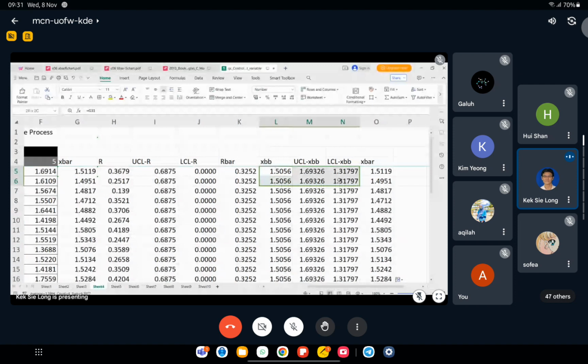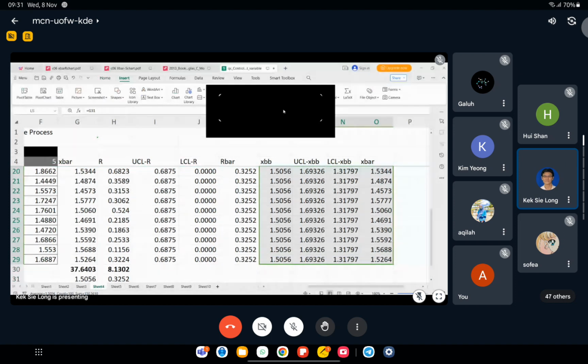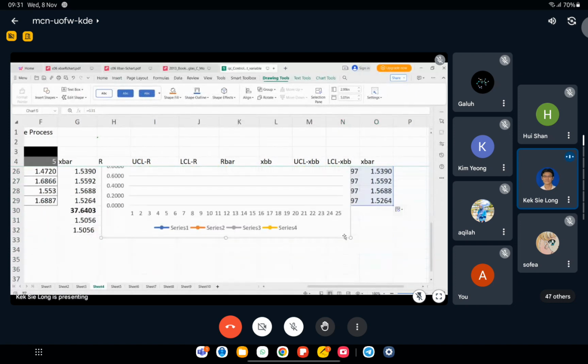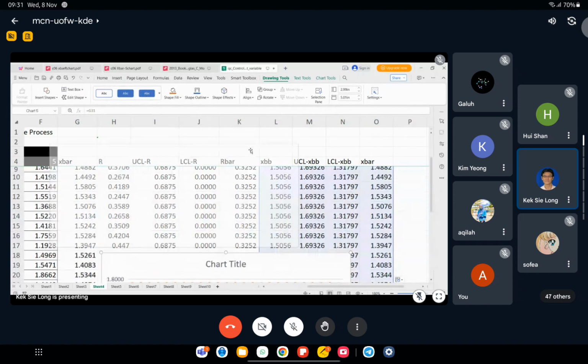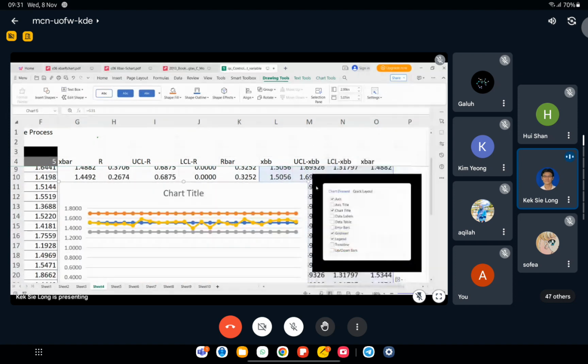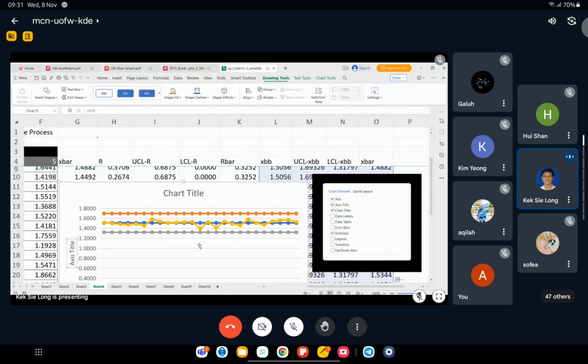Once we complete the table, we highlight these four columns, go to insert, and then plot the control chart. Okay, so this is the control chart. I don't want region, I just want to insert.